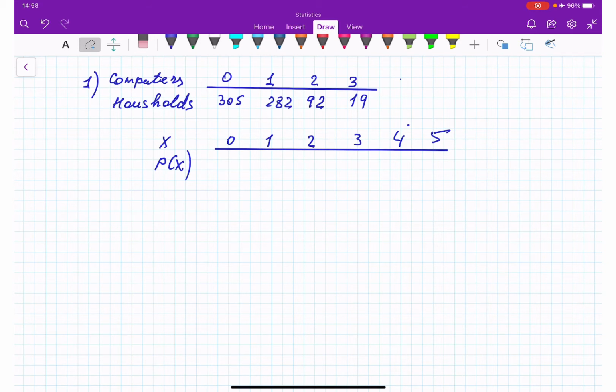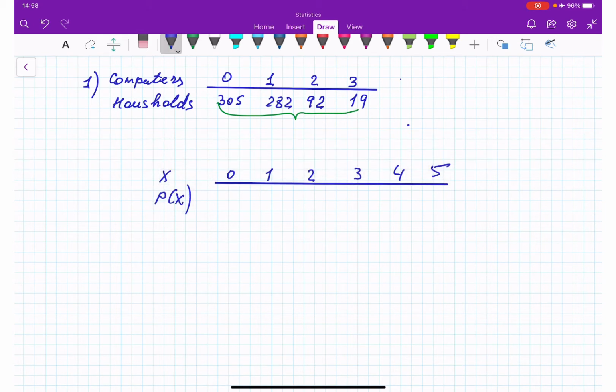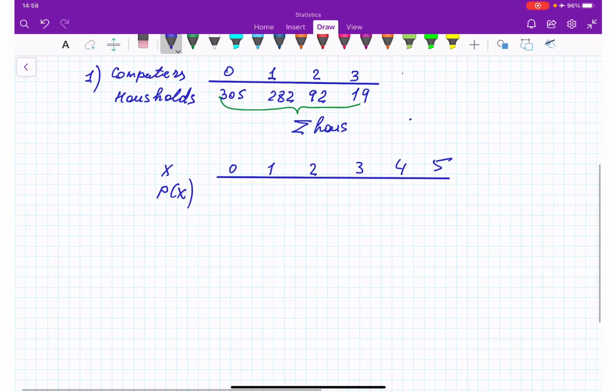To find the probability, first I need to find out the sum of all households, right? How many will be? I need to add all of them. And sum of all households.